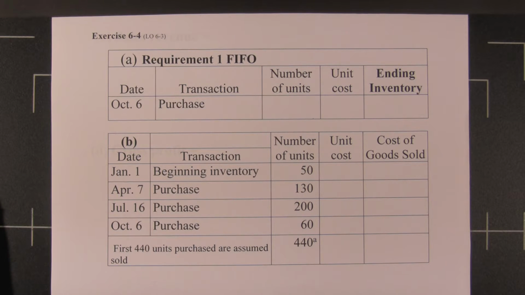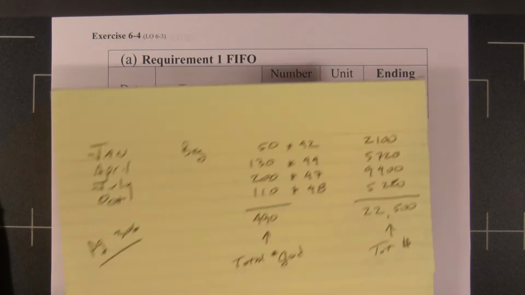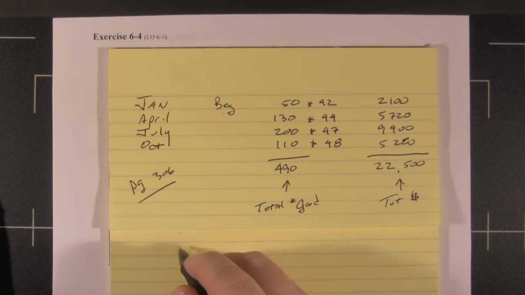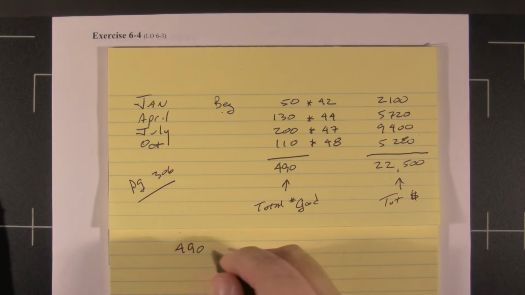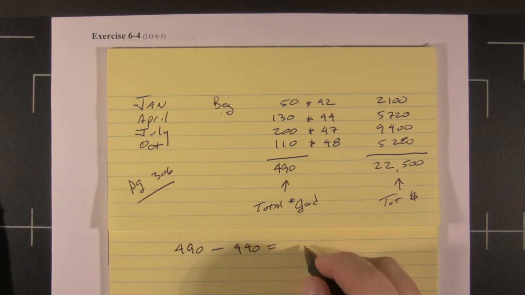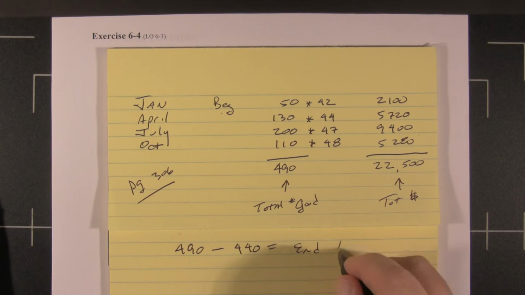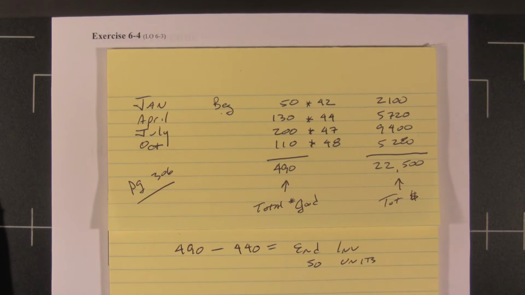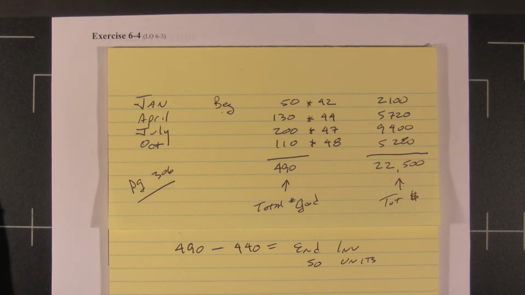They told us that they sold 440 units. So if they sold 440 units, we had 490. We sold 440. Therefore, our ending inventory, the stuff that we have left, is 50 units. The question is, which 50 units?